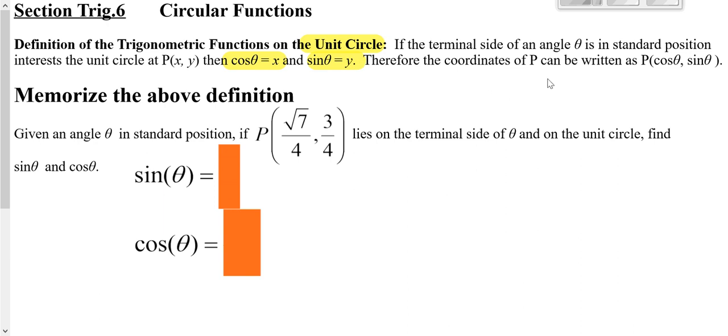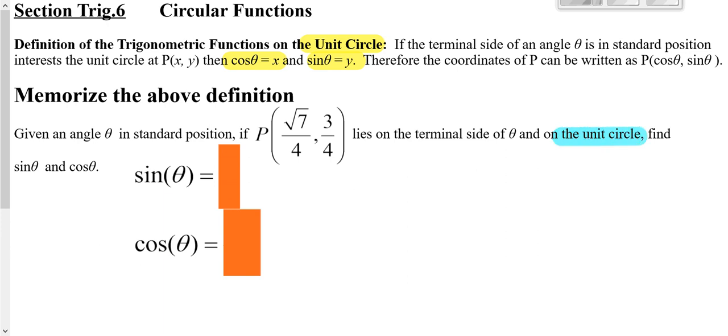Highly recommend that you have this definition memorized, that your sine is your y and your cosine is your x on a unit circle. Now, here on this particular problem, you are told that you have this angle and you are given the point. However, you're told that it's on a unit circle.